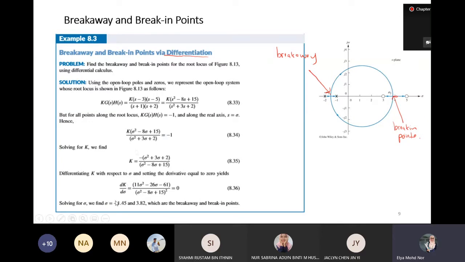When you are able to find the values of the real parts here, they are minus 1.45 and 3.82, which are the breakaway and break-in points. So in this case, the breakaway point is minus 1.45 and the break-in point is 3.82.